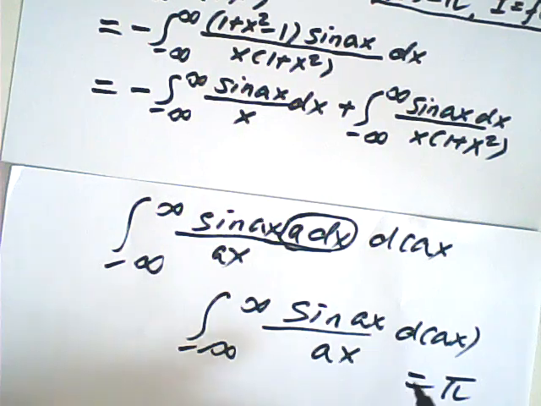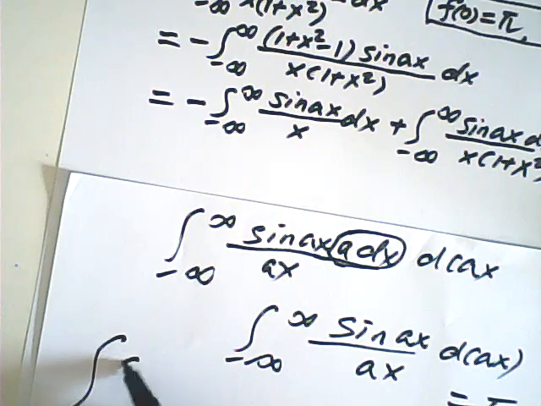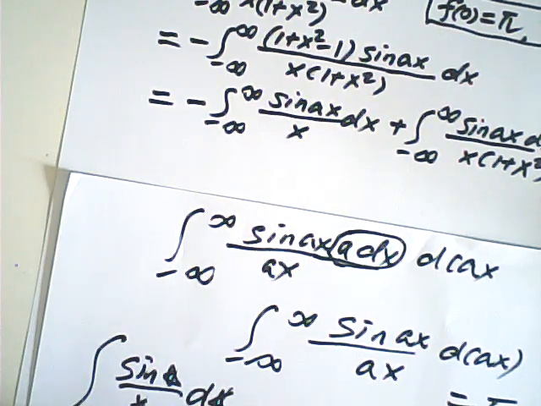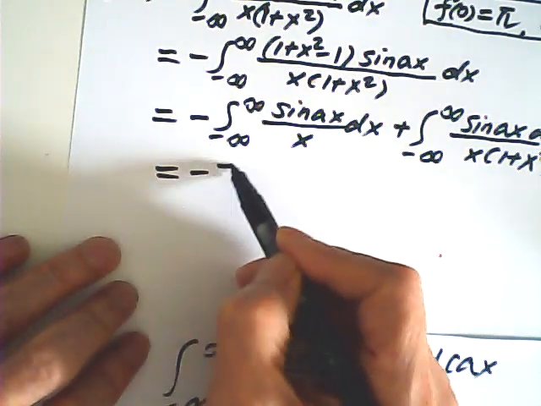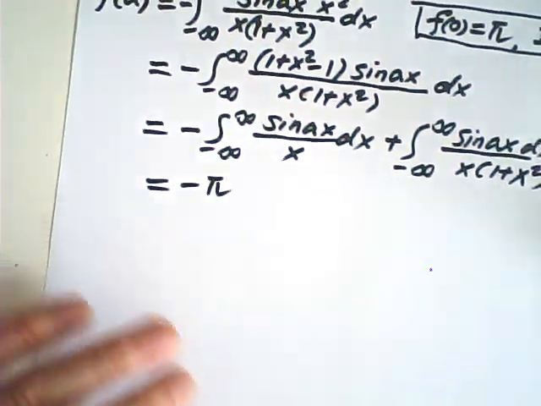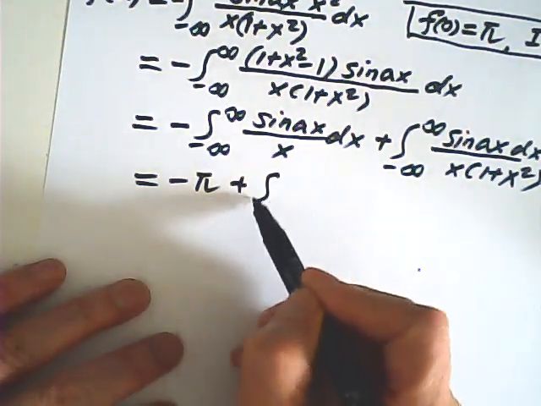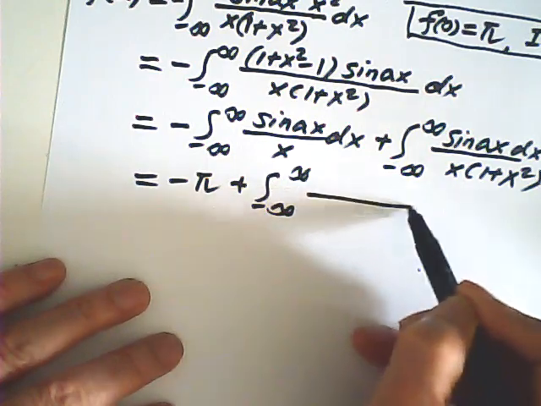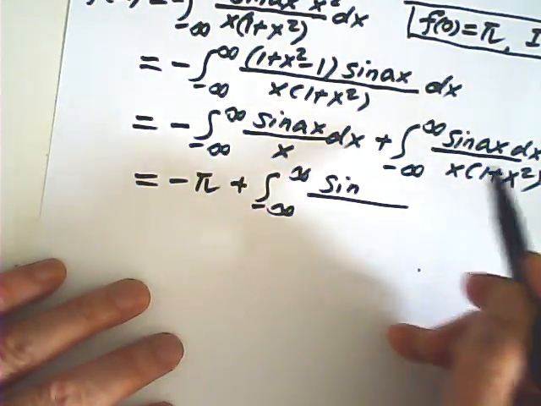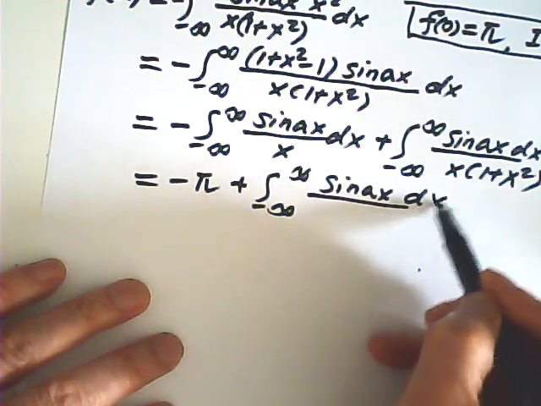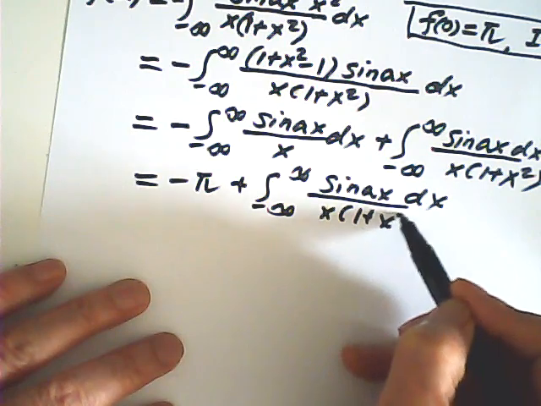We know that the Dirichlet integral is a famous integral: sine something over something, d something, from this one to this one. It's equal to pi. So this one is equal to negative pi, and plus the integral of sine ax dx over x times 1 plus x squared.